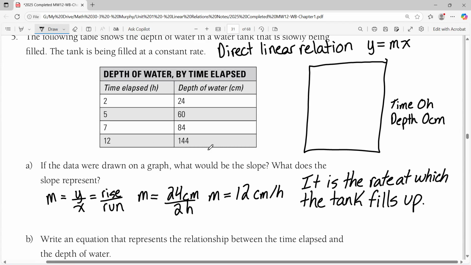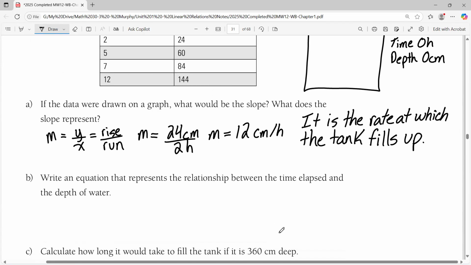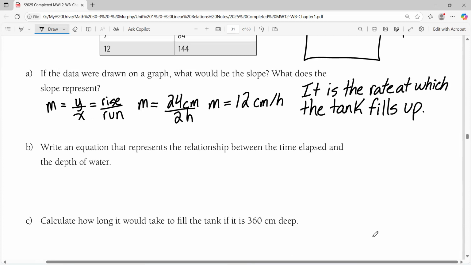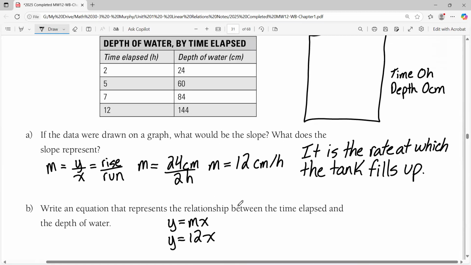Now, we're going to write an equation here that represents the relationship between the time elapsed and the depth of water. So what is y? We know m. What is x? So for us, it would be y equals 12 times x. Now let's put in some words to make sense of y and x.